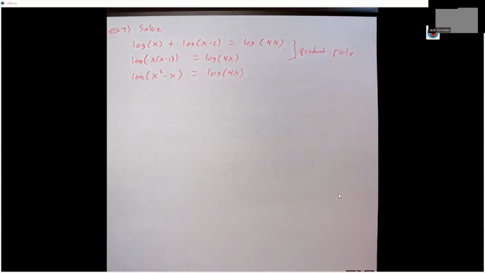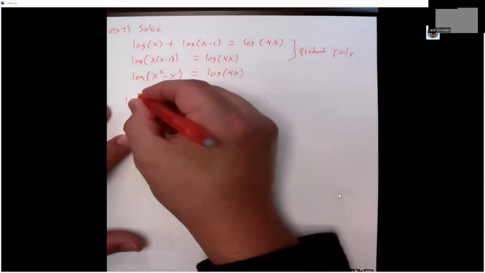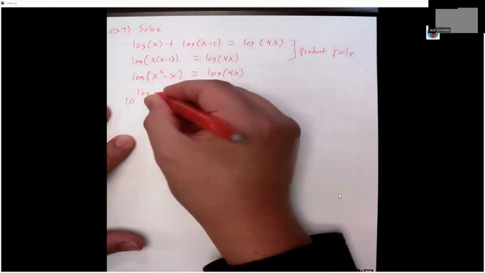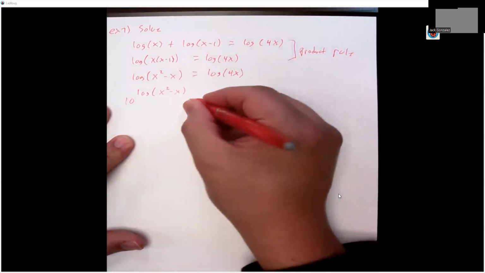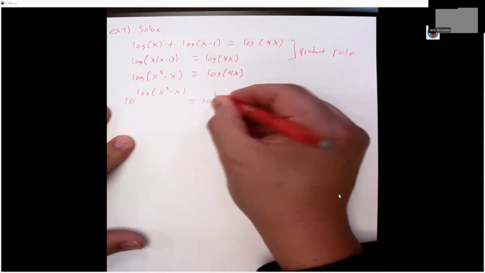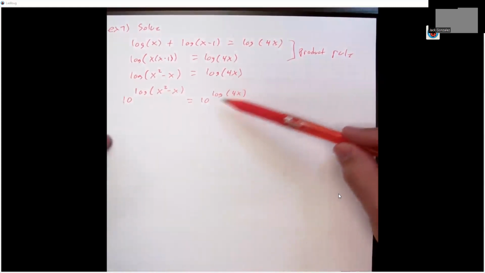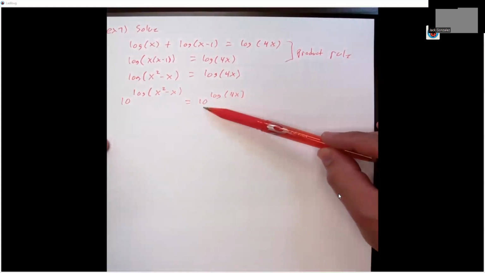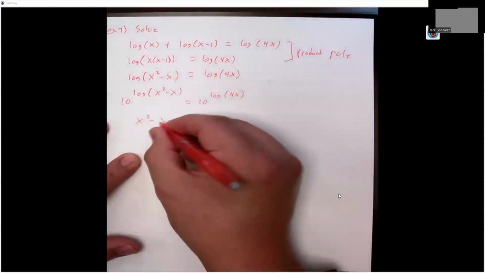Now, this next step may seem unnecessary, but I want you to do it this way all the time because there's certain examples where it'll be easier this way. I'll show what I mean in just a moment. So introduce a matching base. See how they match up? Log base 10, 10. And notice how you end up just having the arguments equal to each other.